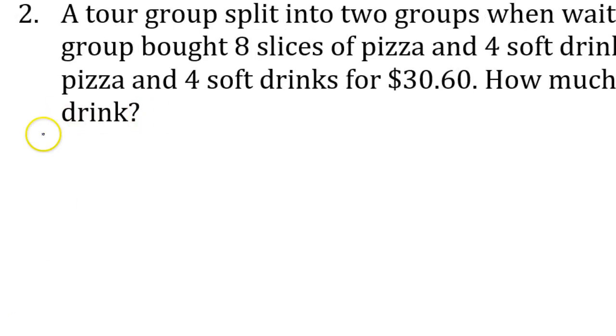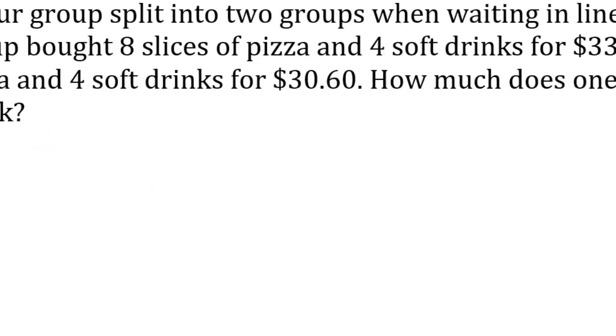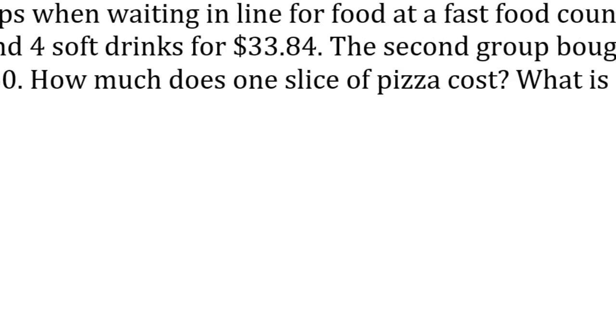The first thing we do is define our variables. Let's let P represent the cost of 1 slice of pizza. And again, I look at what they are asking me for to decide what the variables should be. How much does 1 slice of pizza cost?